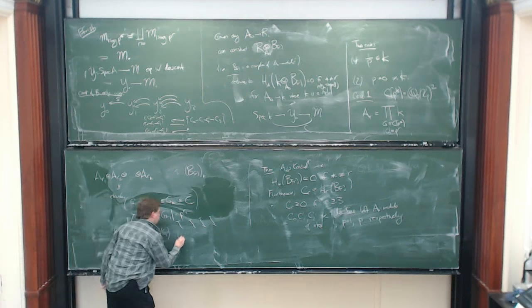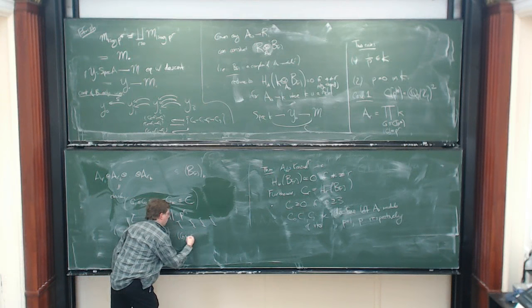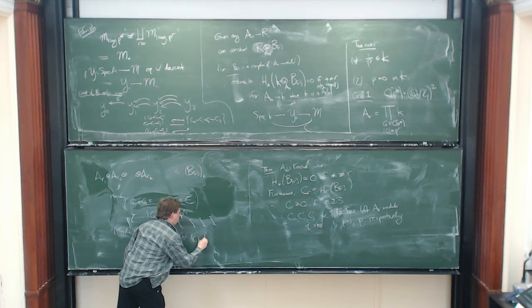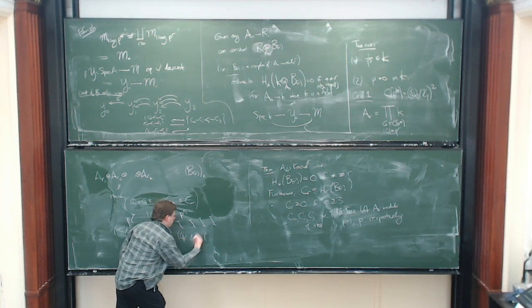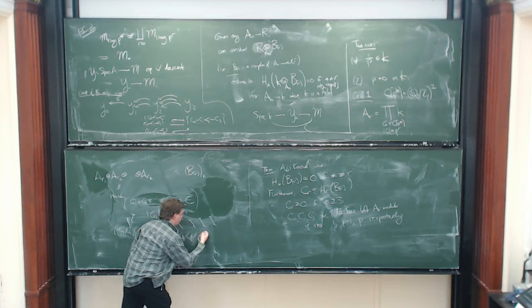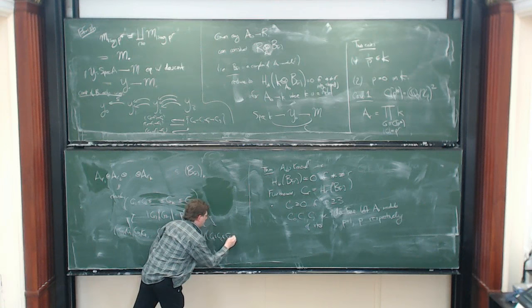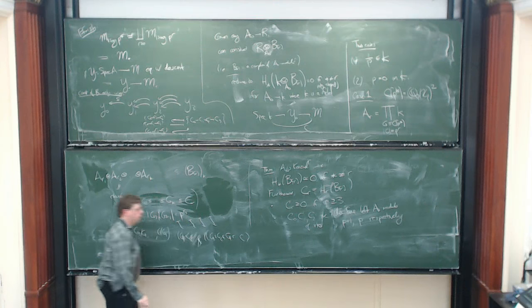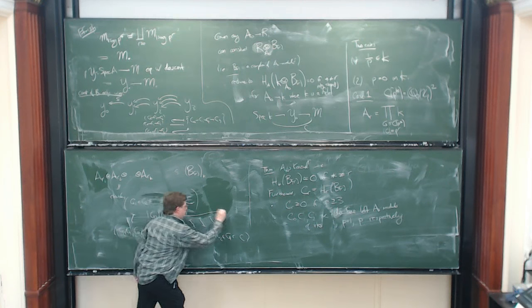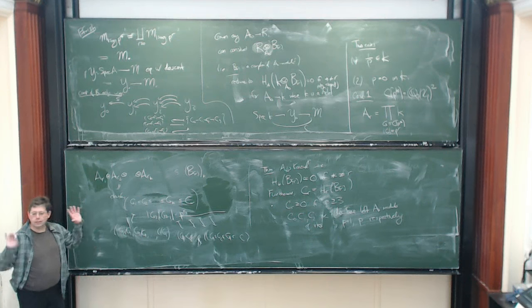So I could take G2, G3, up to C. Or I want to keep G1, but I'll omit G2, go up to G3. Or I could omit whatever comes after G2, etc. So there's a bunch of simplicial operators that omit something but keep G1.